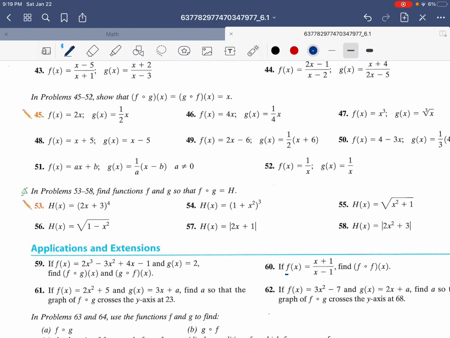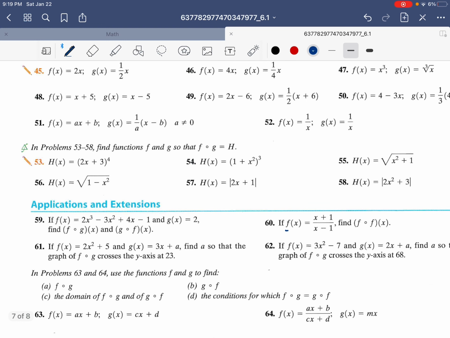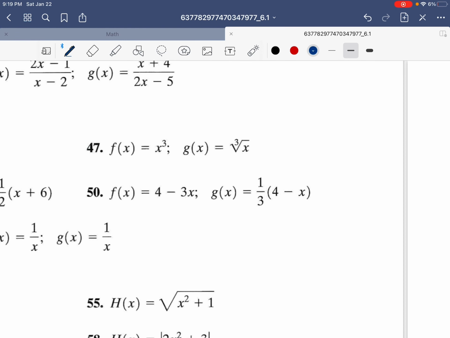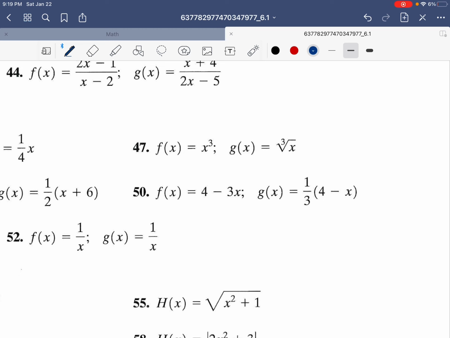Should we do another one? Okay, let's do another one. So 47. Here's 47. Let's do f of g of x. See, you have f of 3 radical x. So this g is this, because I looked at g.